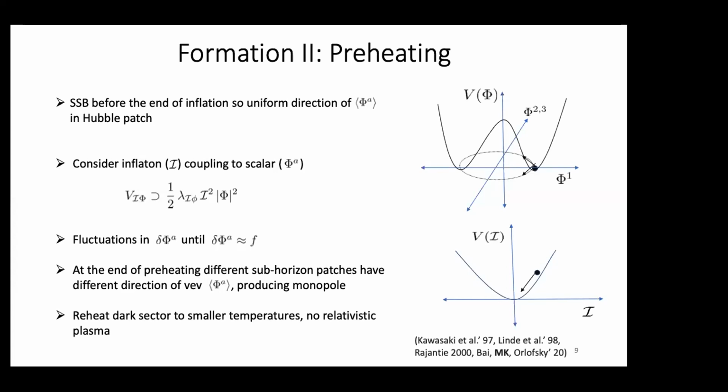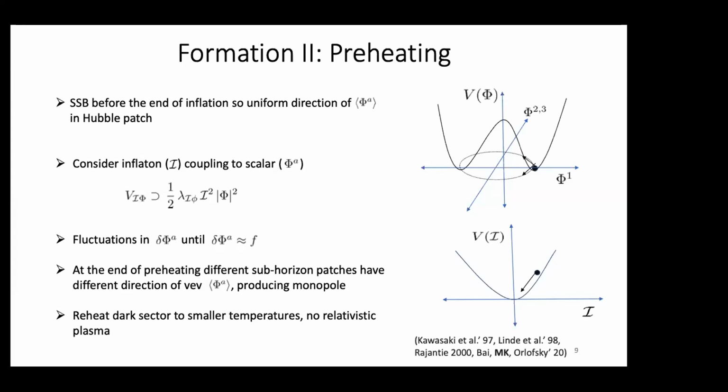I should mention this is not a new idea to produce topological defects using the preheating mechanism. It was first developed in the 90s by Linde and other people to form cosmic strings, in global or gauge strings. So here we are applying it to form monopoles.